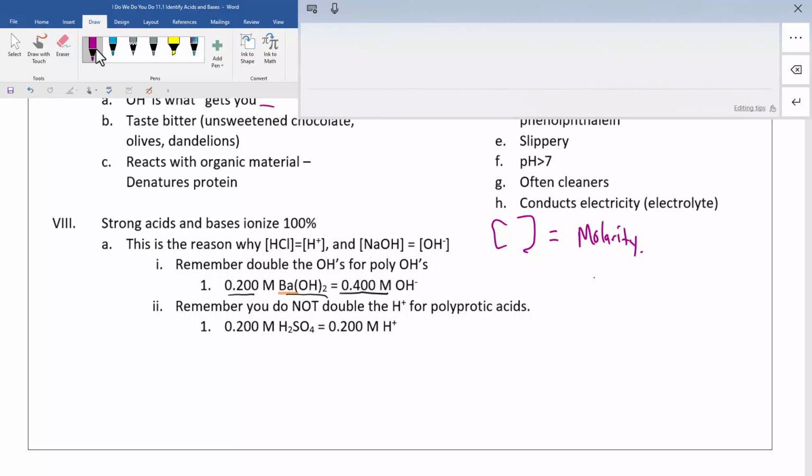Remember to double the OHs for poly-OHs. So 0.2 molar barium hydroxide is 0.4 molar hydroxide. Remember, you do not double the H positive for polyprotic acids. 0.2 molar H2SO4 is still 0.2 molar H positive. So acids only lose one at a time, but bases lose them both.